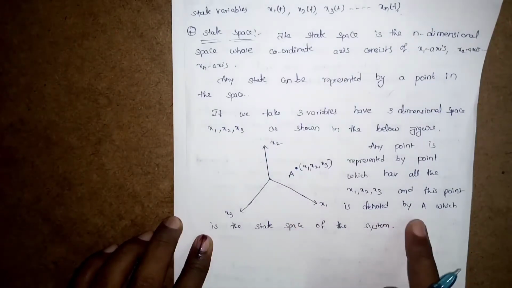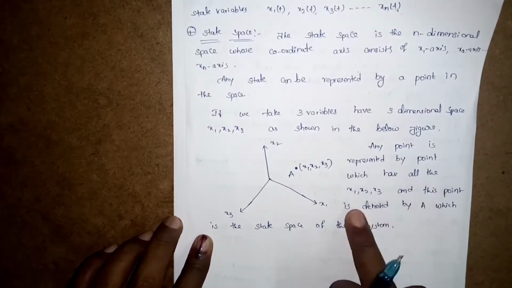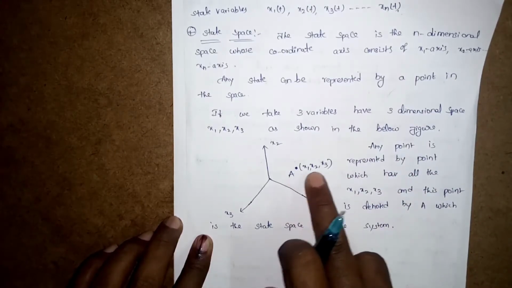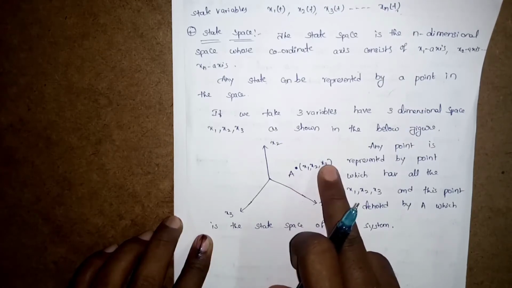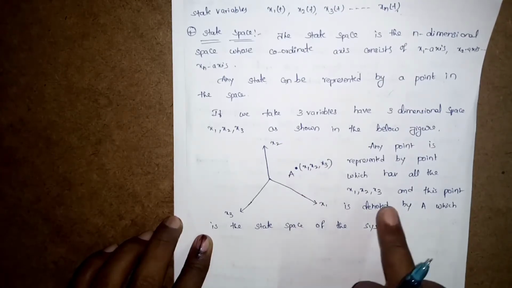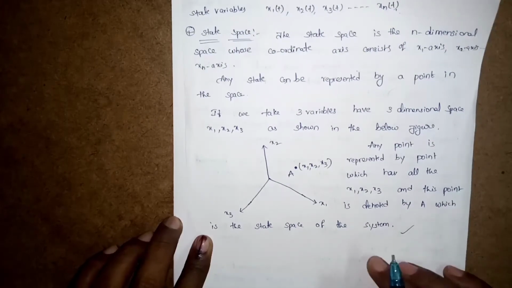Here A is known as the state. Any point is represented by the point which has all the components x1, x2, x3, and this point is denoted by A, which is the state of the system.